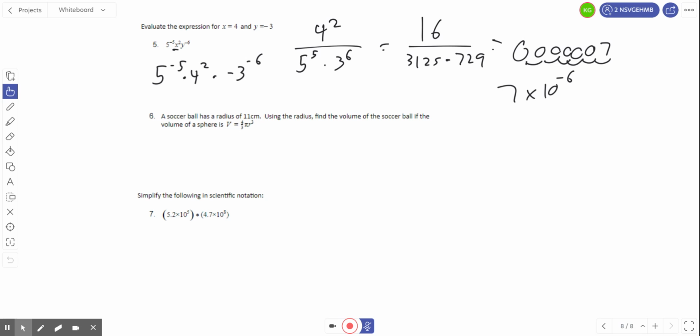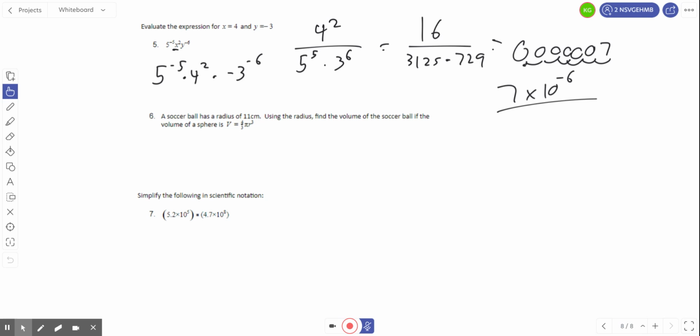And that would give you the same answer. So that would take a 7 and move the decimal to the left 6 times. That would be the scientific notation way to write this answer.